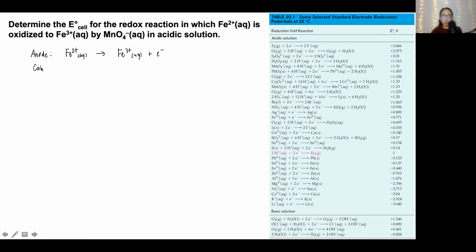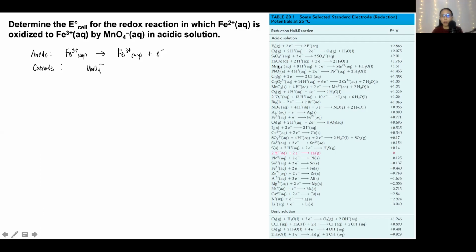And in the cathode, our reaction is, of course, the reduction of permanganate. So we have permanganate. Now, if we are not sure what the reaction is, we can always look at our table because the reaction is indicated there.